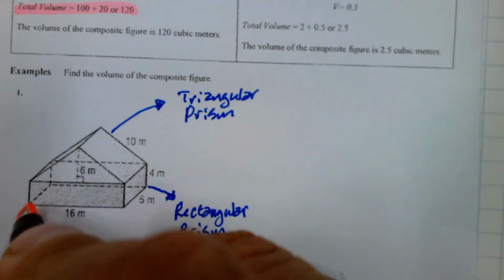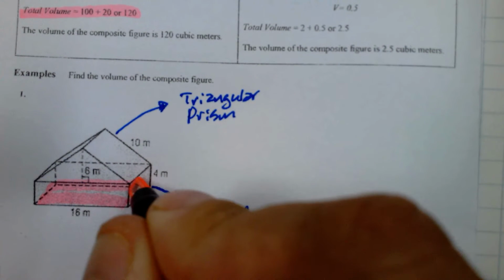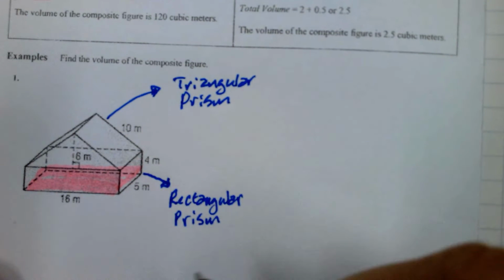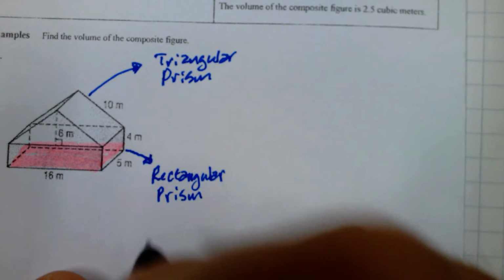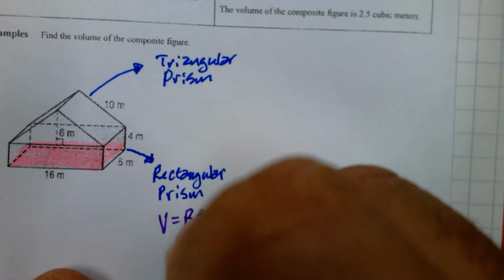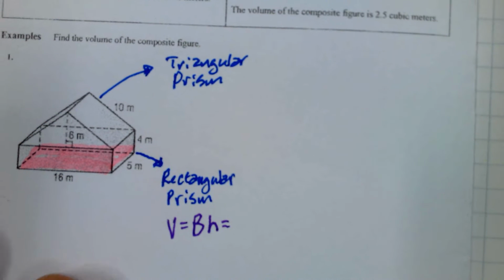Let's look at the base. The base is the bottom, and it's a rectangle, right? Now, to find the volume, if you'll recall, the volume is base area times height. So let's find this base area.